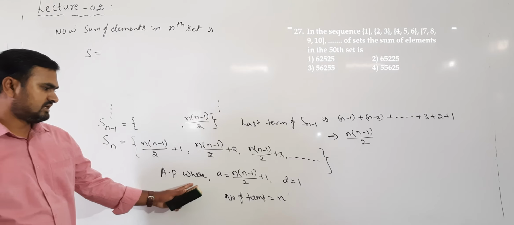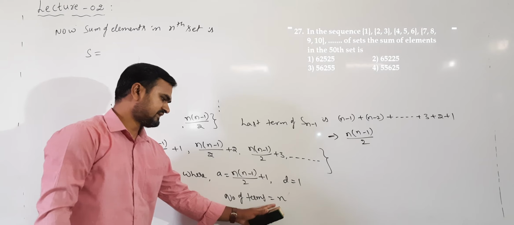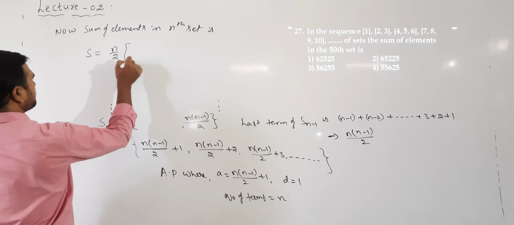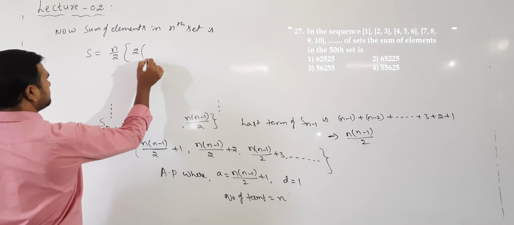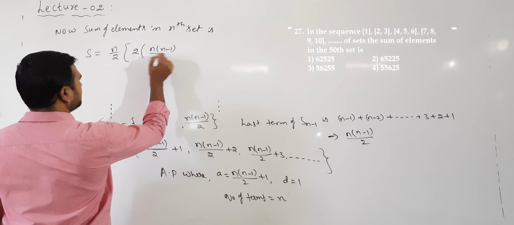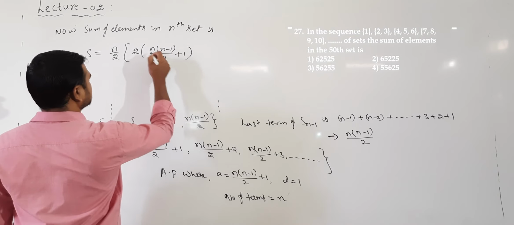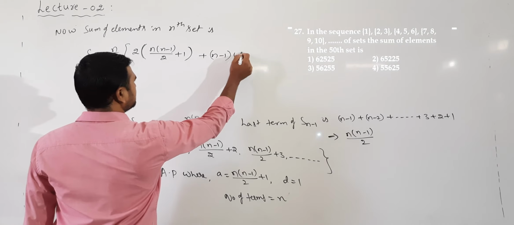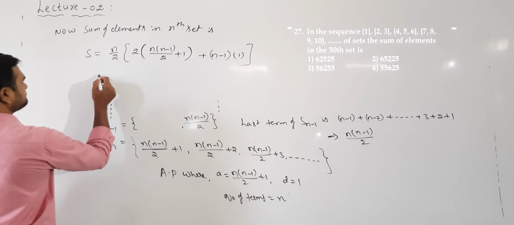Now we know that it is forming an AP, so we know the first term, common difference, and number of terms. It is n by 2 into 2a, where a is the first term, n into n minus 1 by 2 plus 1, so 2a plus n minus 1 into d. d is 1.